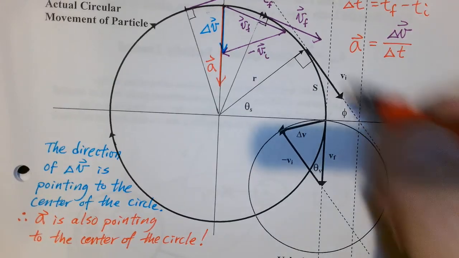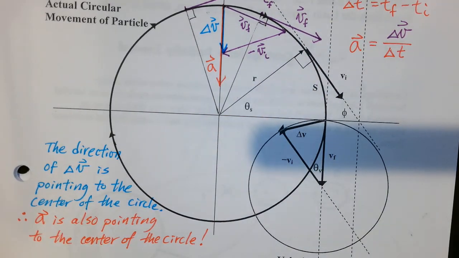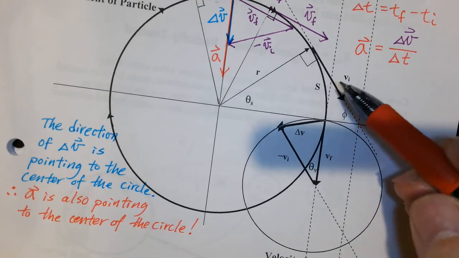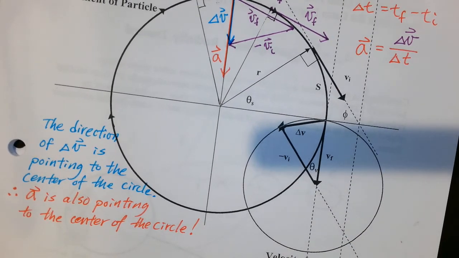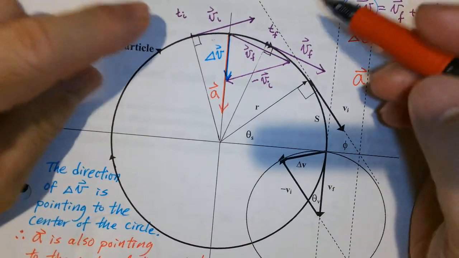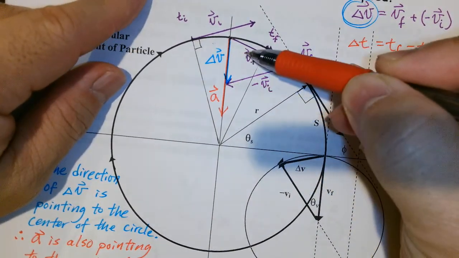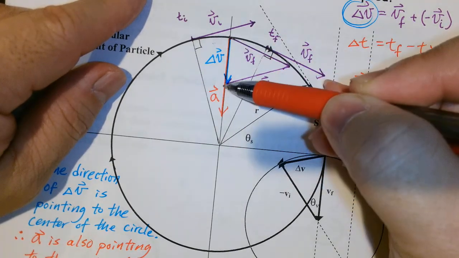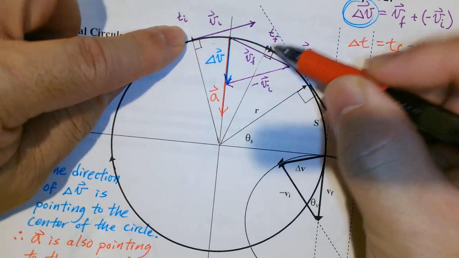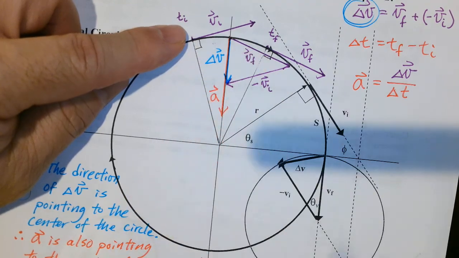Well, how can I get the magnitude of that acceleration? Well, the magnitude of the acceleration is a little bit more complex, but it's not that hard. If we were to take a look at this triangle right here, VF, VI, and delta V, and if we take a look at this R, R, and L, okay?